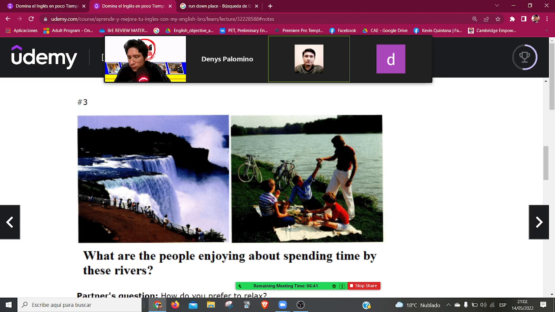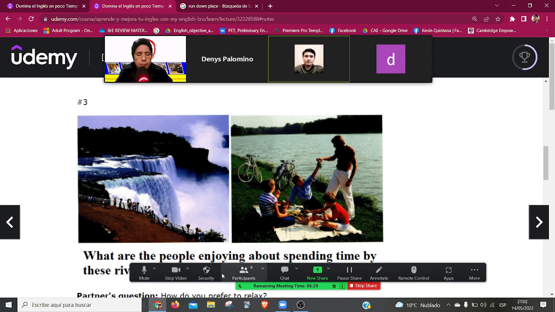For example, some of them in the first picture probably look at the river, the Niagara River. Probably contemplate the landscape. And in the second picture, some friends sharing a fun moment, near to the river too.